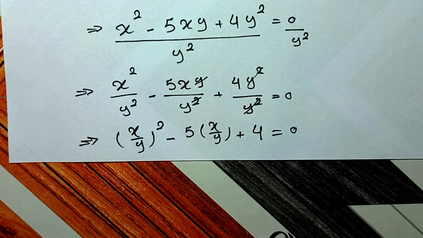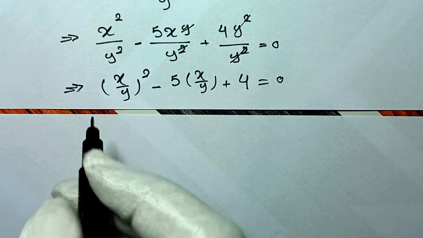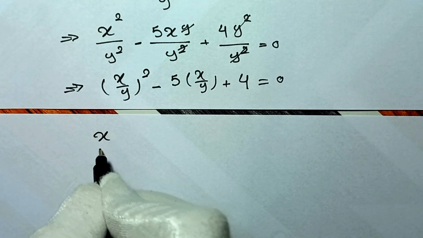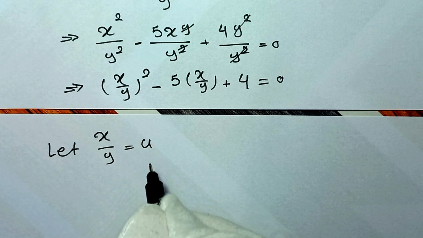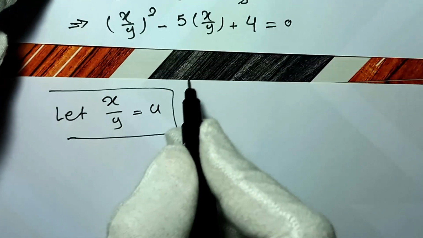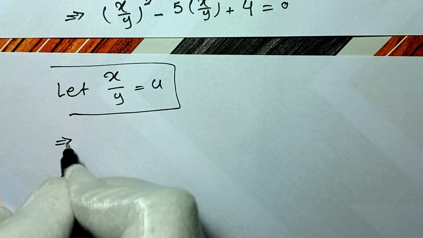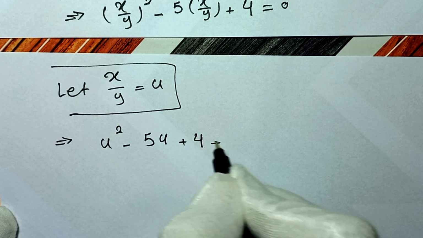So in the next step, we let x over y be u. So we rewrite this equation as u squared minus 5u plus 4 is equal to 0.